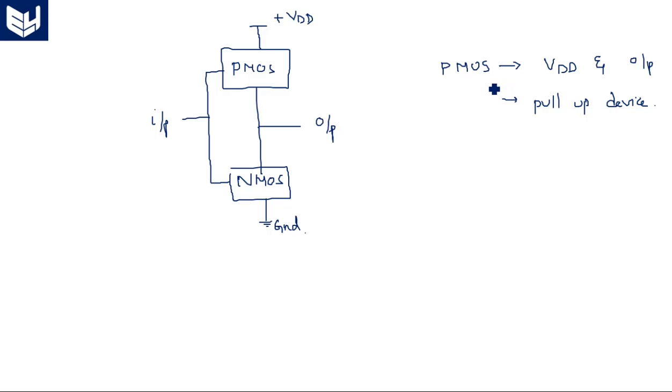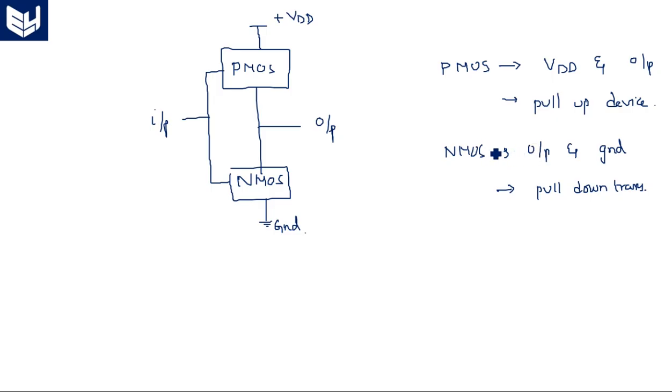And the NMOS transistor is connected between output and ground. If it is one transistor, it is connected between output and ground. If it has two or more, then also they should be connected between output and ground. And this device is known as a pull-down transistor or pull-down device. So PMOS transistor is a pull-up device, NMOS transistor is a pull-down device.